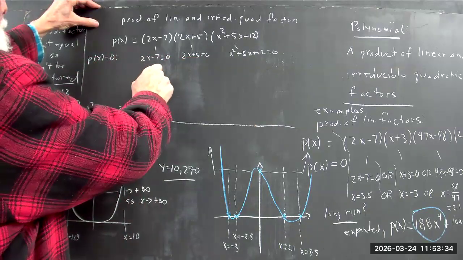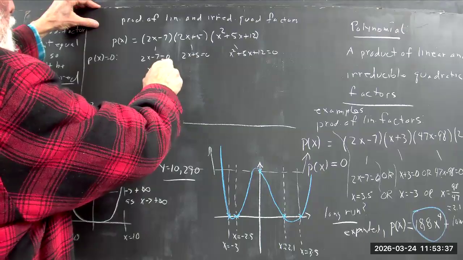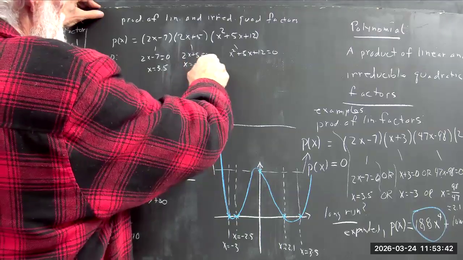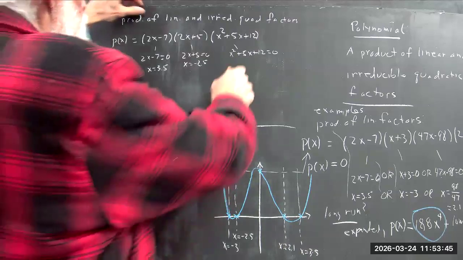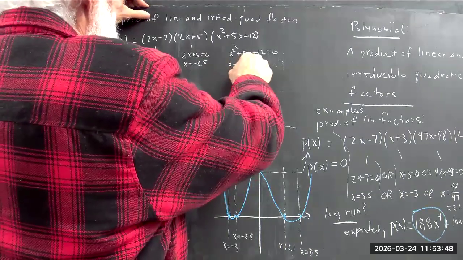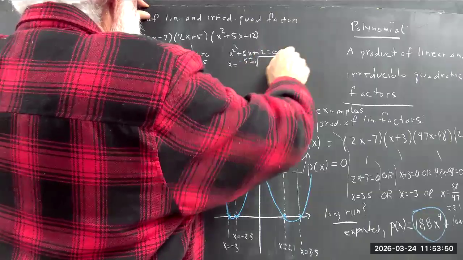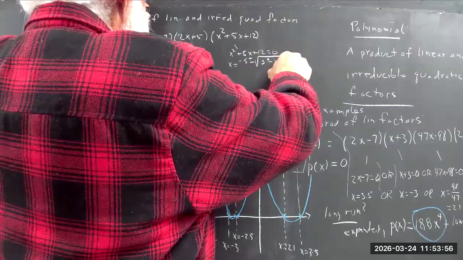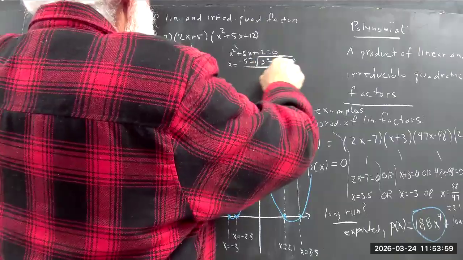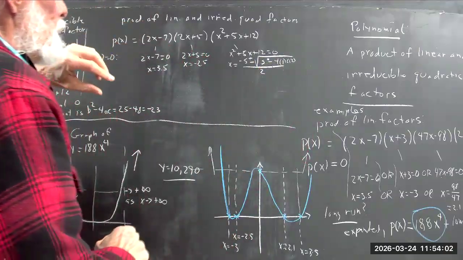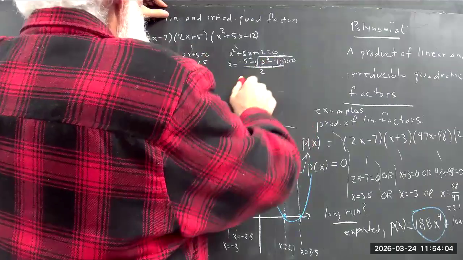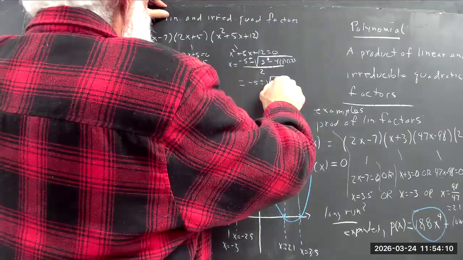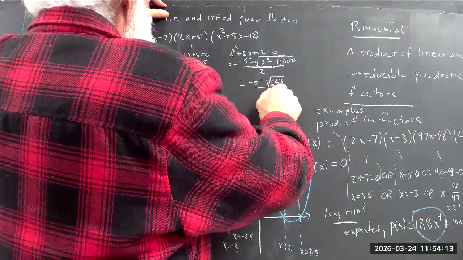So x equals 3.5, x equals negative 2.5, and x equals negative 5 plus or minus the square root of 5 squared minus 4 times 1 times 12, over 2, which equals negative 5 plus or minus the square root of negative 23, over 2.